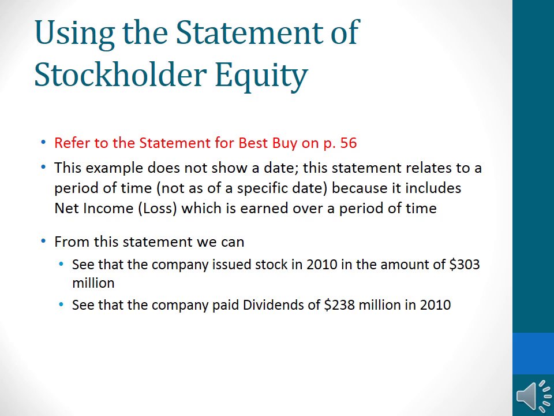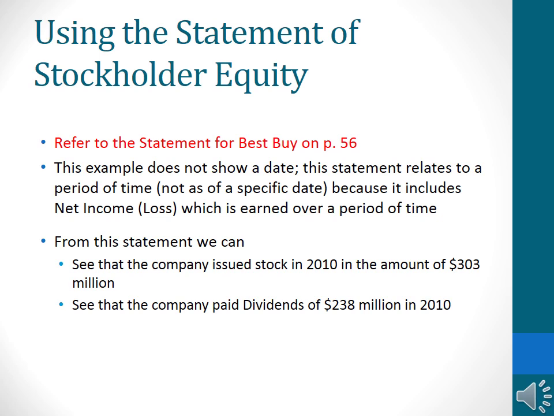Let's look at the statement of stockholder equity for Best Buy that's on page 56 in your book. This example statement does not show a date, but the statement always relates to a period of time because one of the elements of the statement is net income. So it shows the change in equity over a period of time.